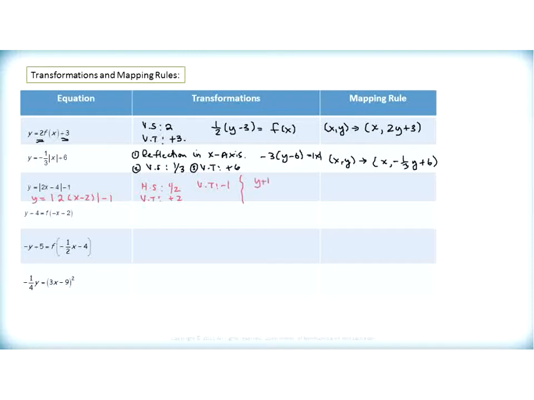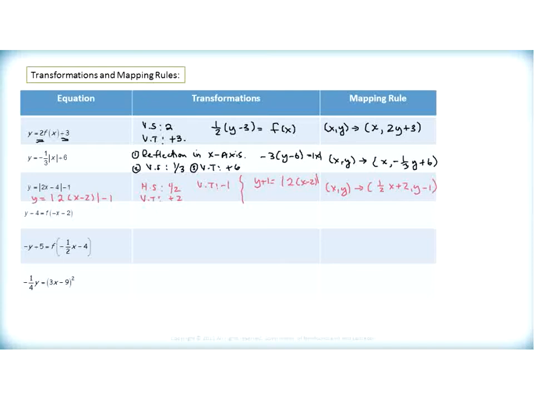It would simply be y plus 1 equals the absolute value of 2 outside of x subtract 2. The mapping rule would be (x, y) maps to (1/2 x plus 2, y subtract 1). There's your mapping rule for that function.